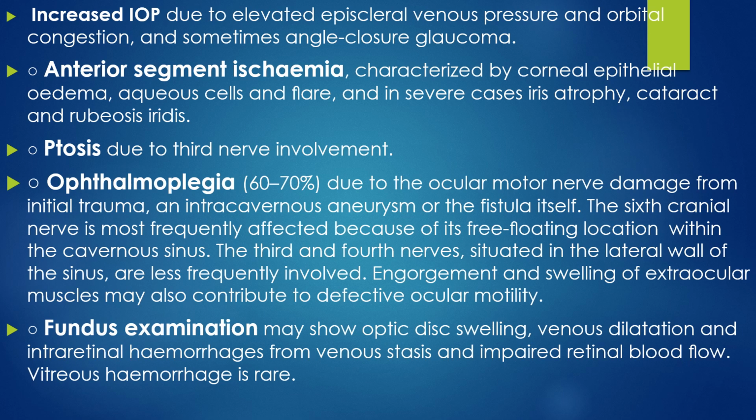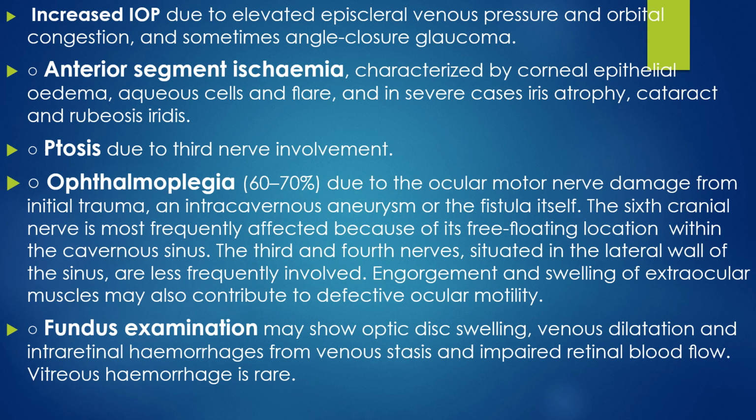The anterior segment ischemia may be characterized by corneal epithelial edema, aqueous cells and flare, and in severe cases, iris atrophy, cataract, and rubeosis iridis. Ptosis is due to the third nerve involvement. Ophthalmoplegia is seen in 60 to 70% of the patients due to the ocular motor nerve damage from the initial trauma, an intracavernous aneurysm, or the fistula itself.